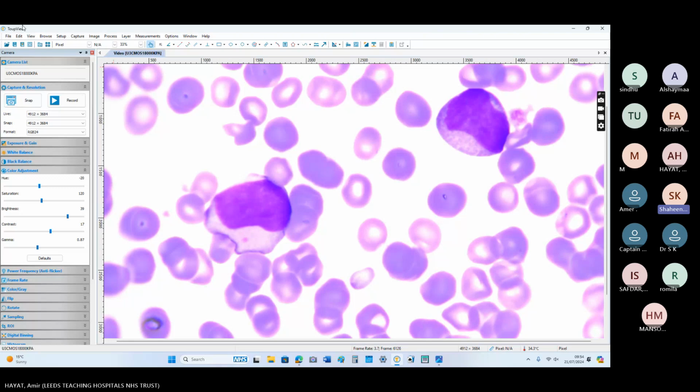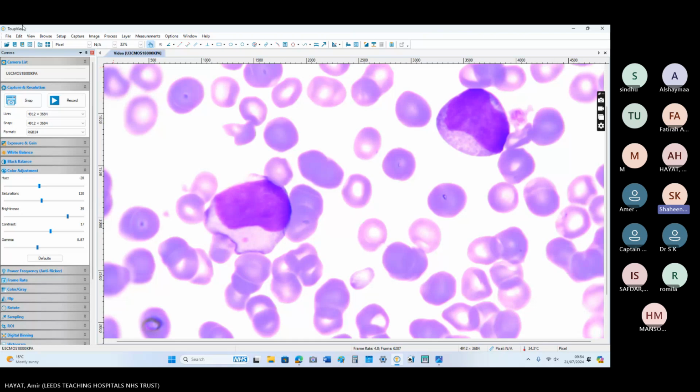Some of the blast cells showing indentation or irregular nuclei, and I can see a few nuclei showing cup shape as well. But in my opinion, I can't say it is promyelocytic.